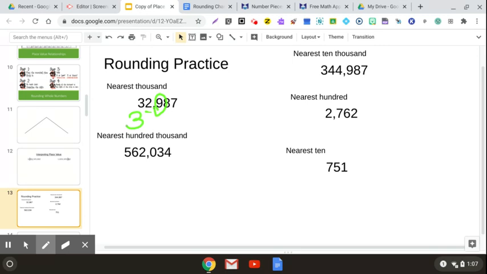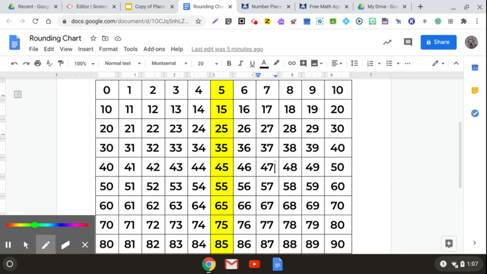If we follow our rounding rule, 9 tells 2 to become a 3, and then everything else turns into a 0, including the 8 and the 7. So see, it rounds.